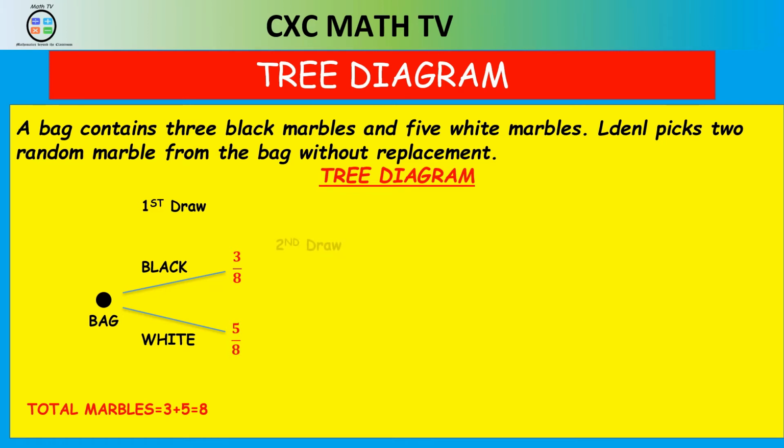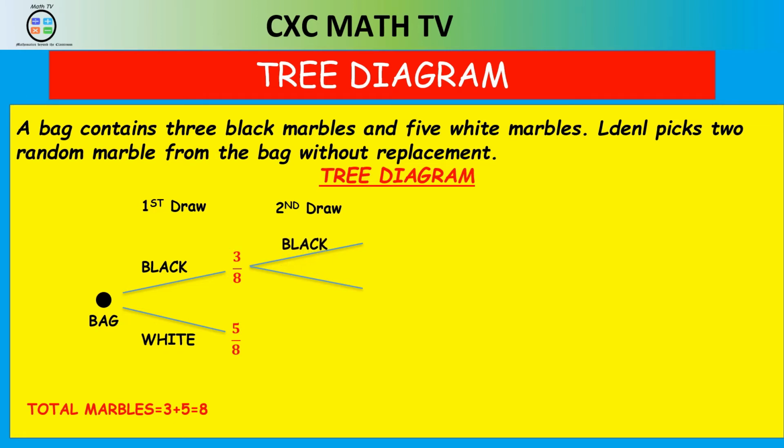If we had chosen a black on the first draw, that means we're left with 7 marbles. So now we can either get a black or a white. We draw 2 branches off from the black, and put another black and white there.